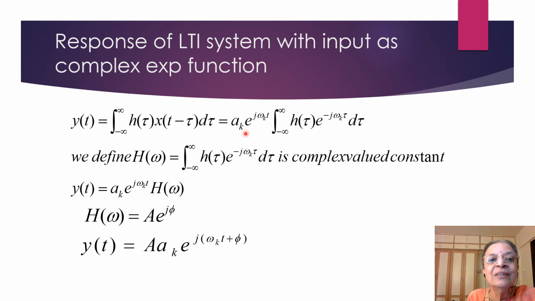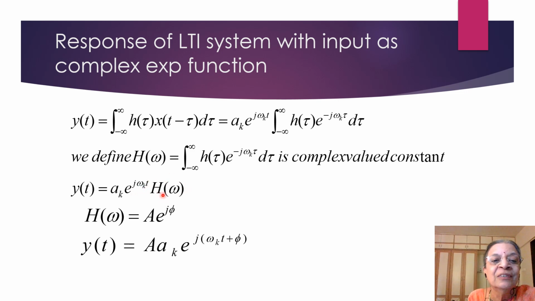So how can I write this? This is equal to a_k e^(j omega t) times the integral from minus infinity to infinity of h(tau) e^(-j omega_k tau) d tau. We can represent this particular integral as H(omega). This is a complex valued constant. So I can write y(t) equal to a_k e^(j omega_k t) H(omega).